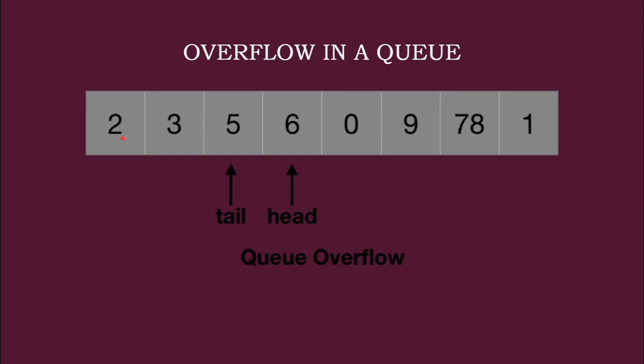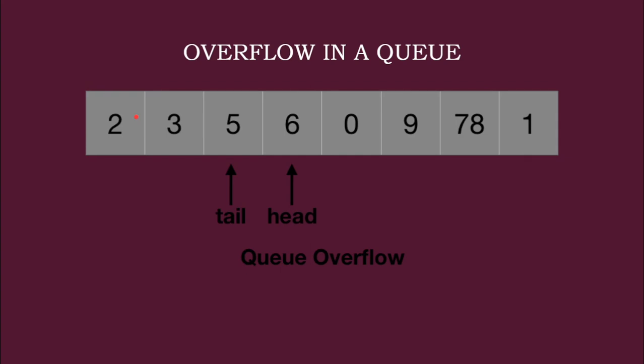In that case, when you keep on adding elements, suppose you are adding an element in this position, there is no vacancy, no empty position to add the value. Suppose we want to add more elements, now the pointer points to the start of the queue, which is the head. So now this becomes the tail.